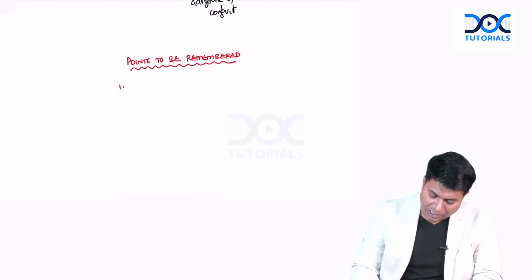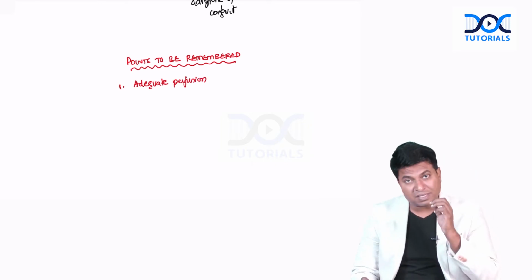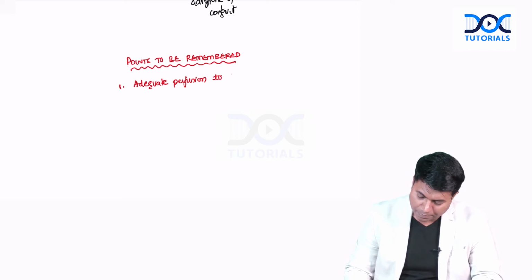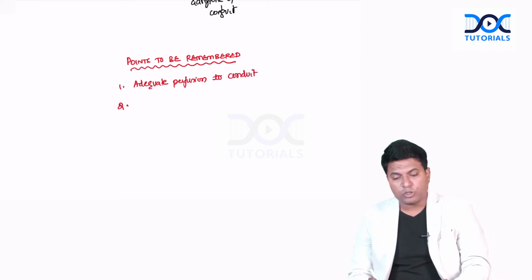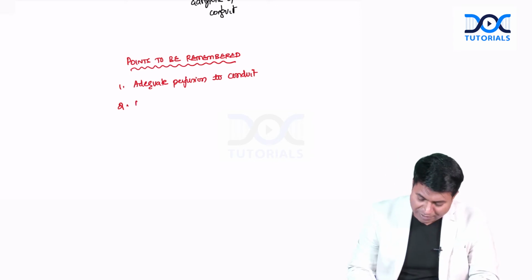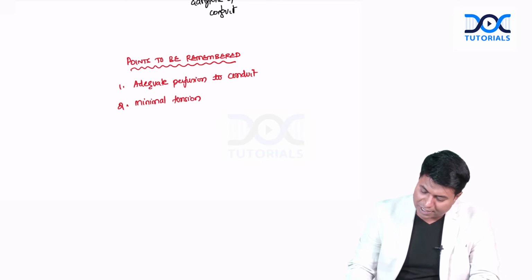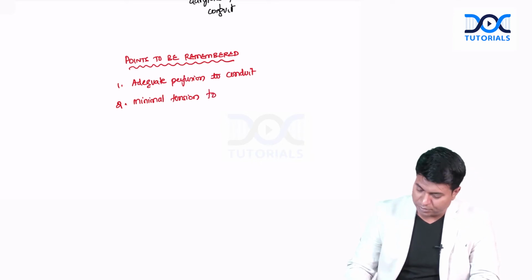There should be adequate perfusion to the conduit, adequate blood flow. Number 1. There should be minimal disturbance to the collateral vessels. There may be collaterals, and those should not be disturbed.